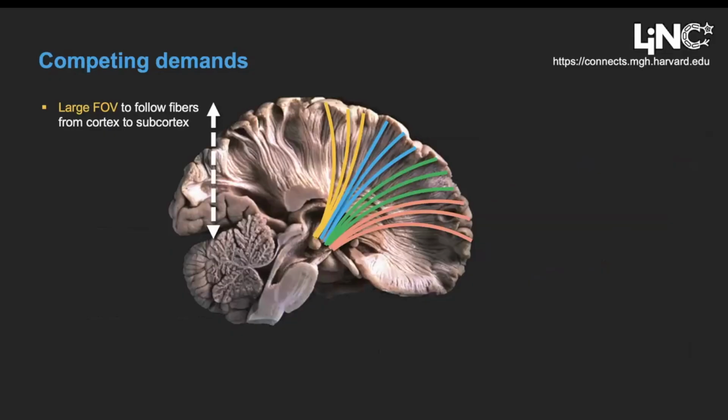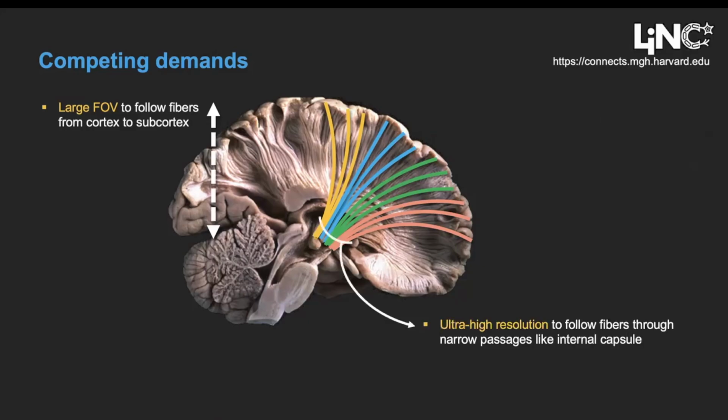So with this problem, there are competing demands. There's one demand for a large field of view, because we have to follow fibers all the way from the cortex to the subcortex. There's no way to do this in a small chunk of brain anymore. In addition, we need ultra high resolution in areas of the brain where you have many of these fibers packed through very narrow passages, like the internal capsule that contains fibers from almost everywhere in the cortex.